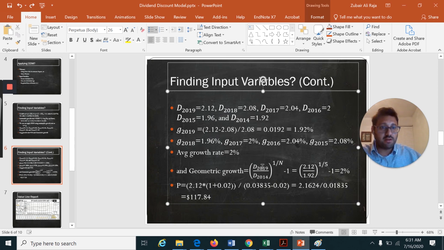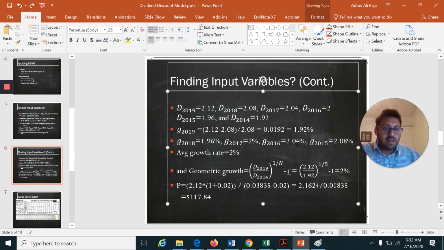So they are dividing the last dividend, which is the 2019 dividend, by the 2014 dividend, the oldest dividend, because we are considering 6 data points, and 6 data points will give us 5 growth rates. So the 2019 dividend for Walmart divided by the 2014 dividend for Walmart, raised to the power 1 divided by n, where n is the number of growths. So there are 5 growths.